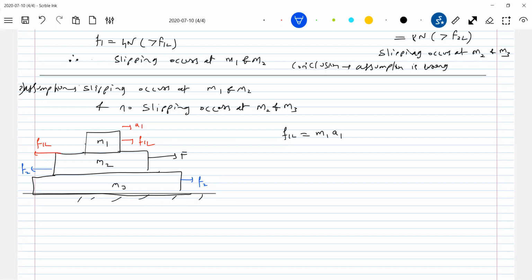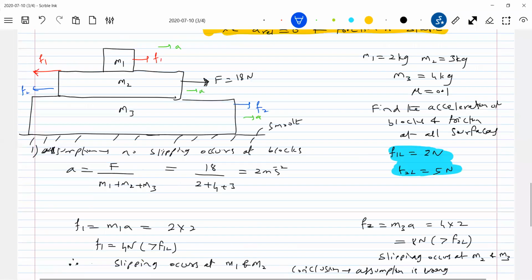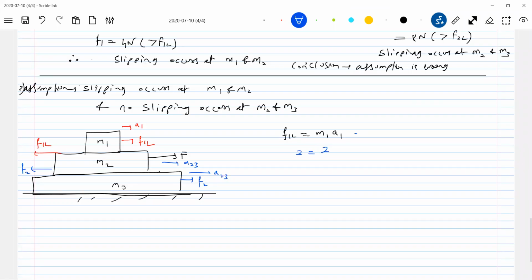And these two blocks will move together with common acceleration A23. M1 is how much? 2 kg. So therefore acceleration A1 is equal to 1 meter per second square.